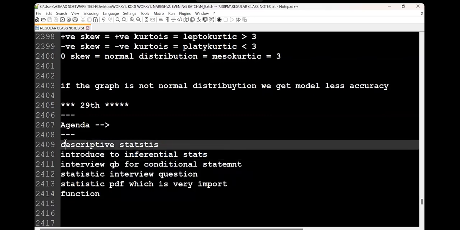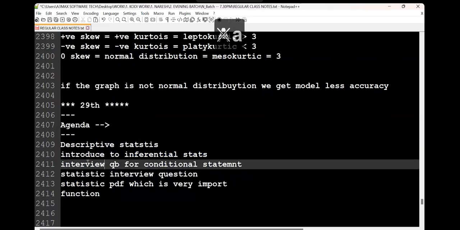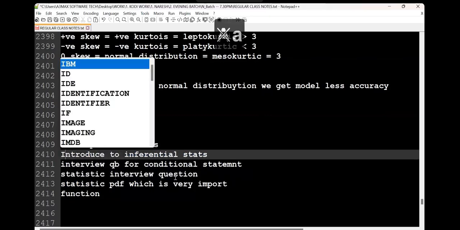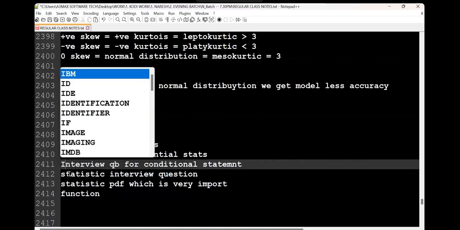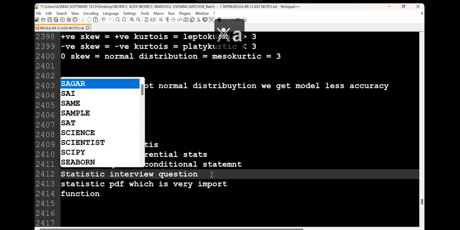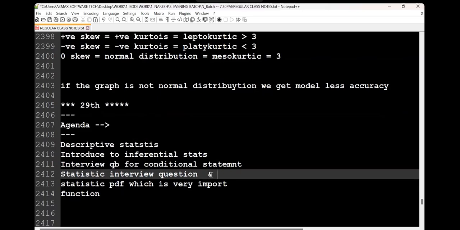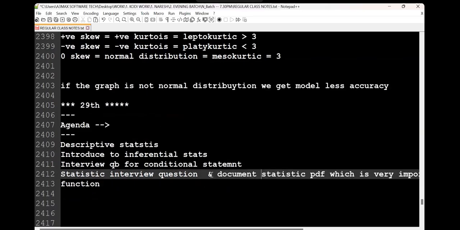Clear? First, descriptive statistics, introduction to inferential. I will share conditional statement and statistical interview questions, and a document to prepare formulas and some notes to understand.